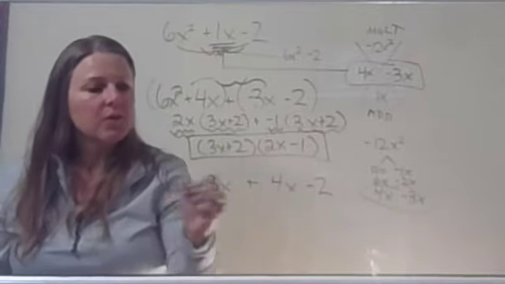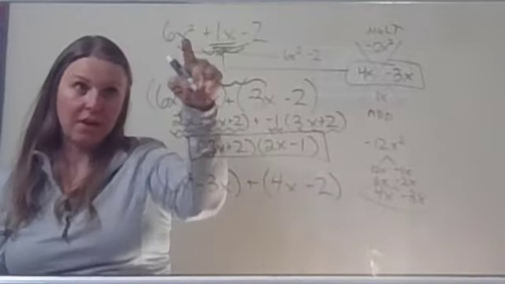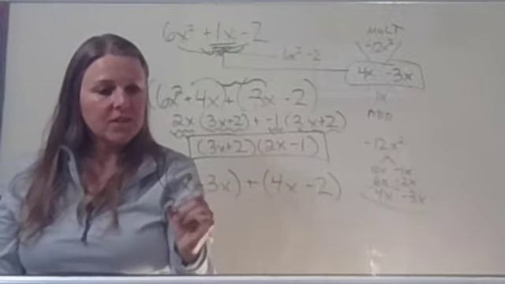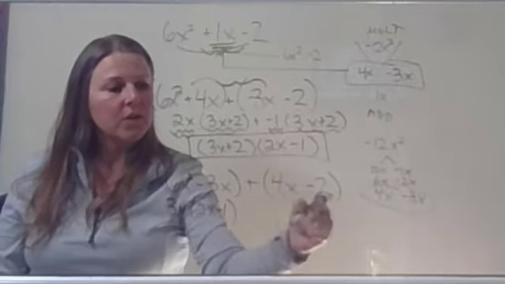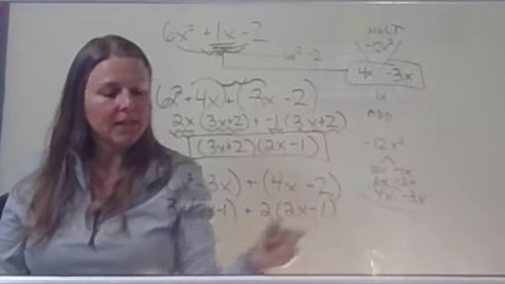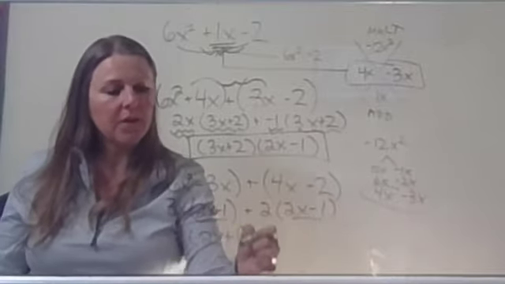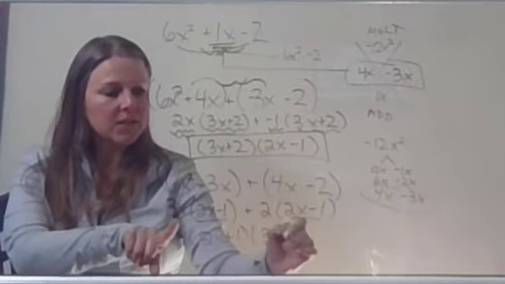So if you group the first two and group the last two, that's a 6x squared. The greatest common factor here is 3x, and you're left over with 2x minus 1. The greatest common factor here is 2, and you're left over with 2x minus 1. So the 2x minus 1 is what's going to come out front, and then you're left over with this 3x plus 2.